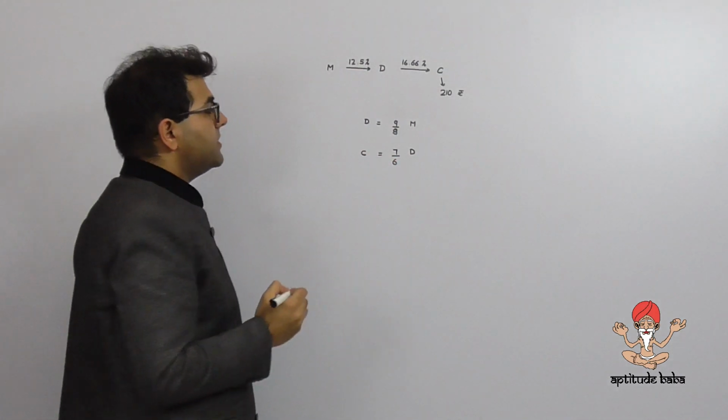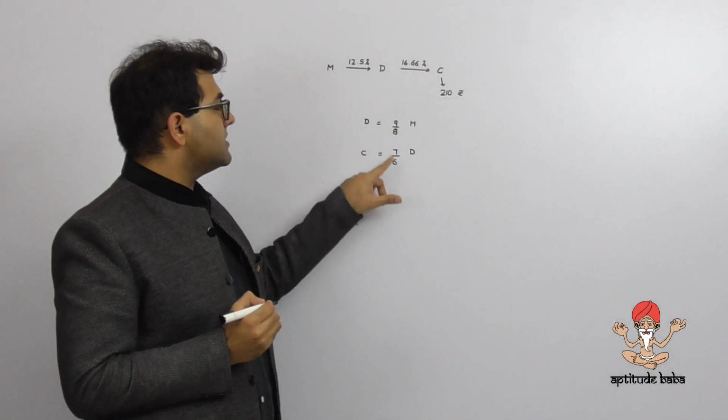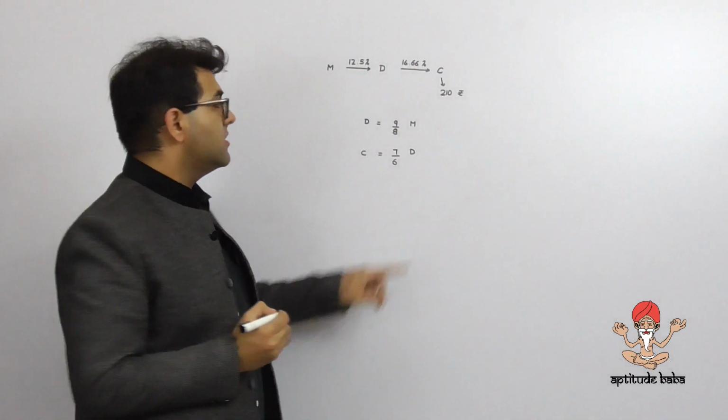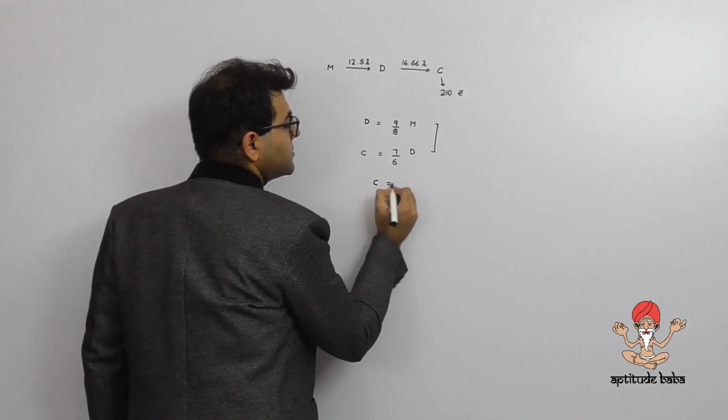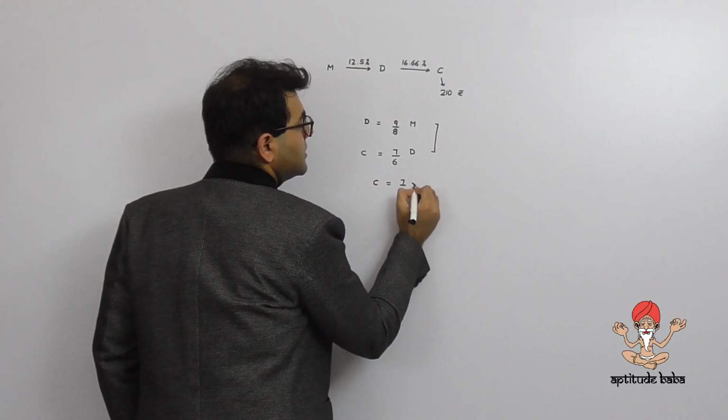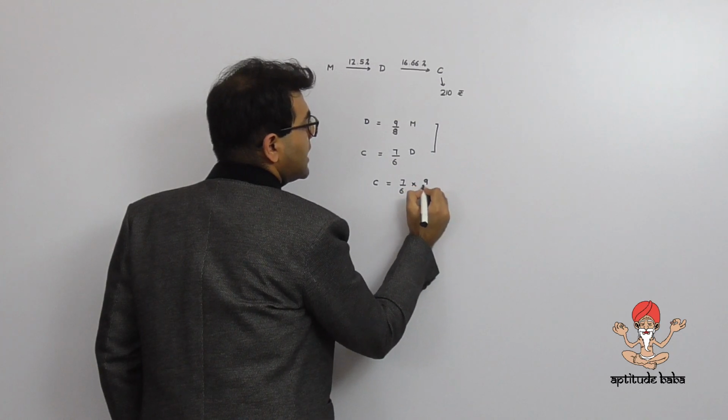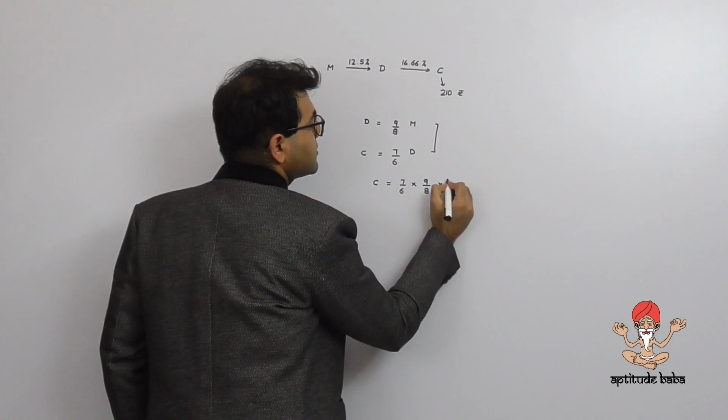So can I say price paid by customer is 7/6 of the price paid by dealer? Let's combine these two equations. Can I say that the price paid by customer is 7/6 the price paid by dealer, which is 9/8 the price paid by manufacturer?